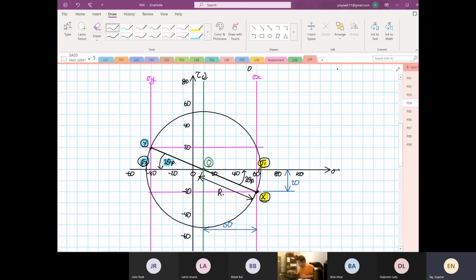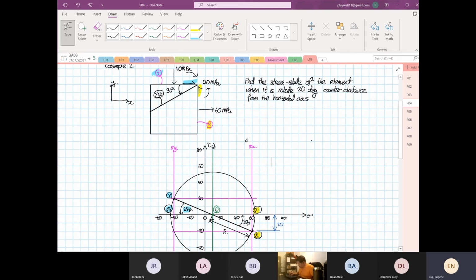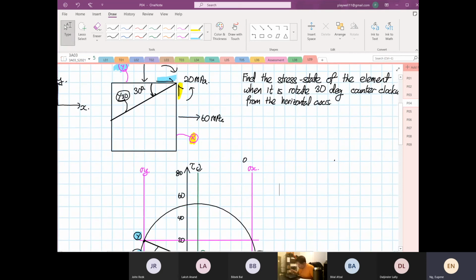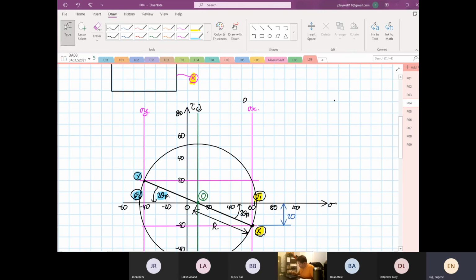Now watch this. Now I want you all to pay attention. From here, Y to Y30 on the element is what? 30 degrees. On the Mohr circle will be what? 60 degrees, from point Y, not from the horizontal axis.